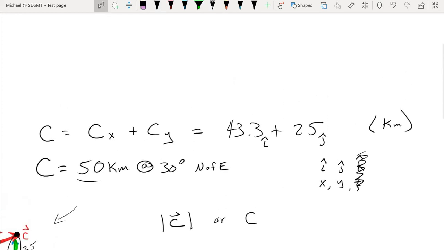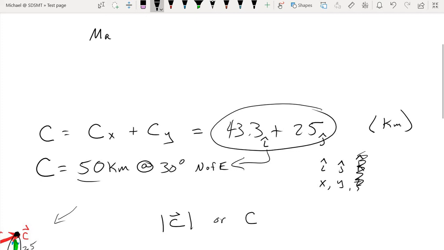But I do need a way of taking those components and reproducing the original information. So what we've done so far is we have taken the magnitude and angle of a vector and we've produced the components of that vector. And we did that with some math.